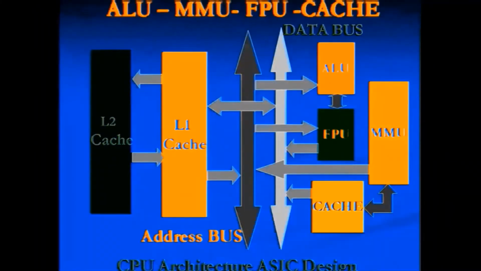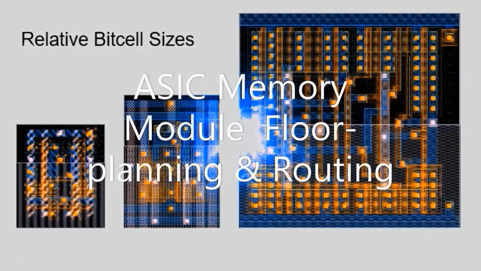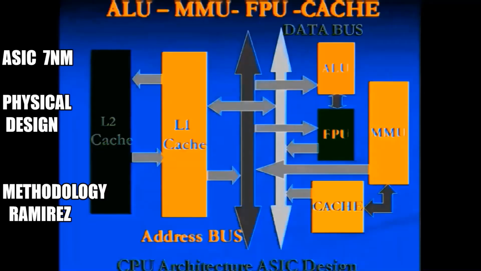ASIC physical design methodology, the implementation for memory modules. The front-end mode consists of generating the SPICE models, which gives you the layout views and timing models. It also estimates power delay analytically.